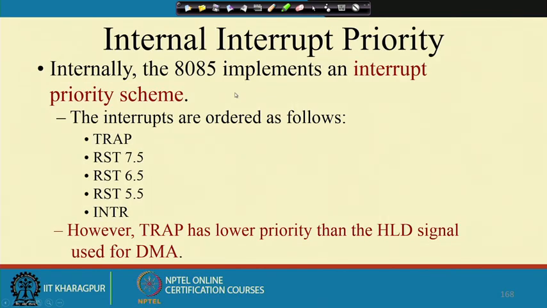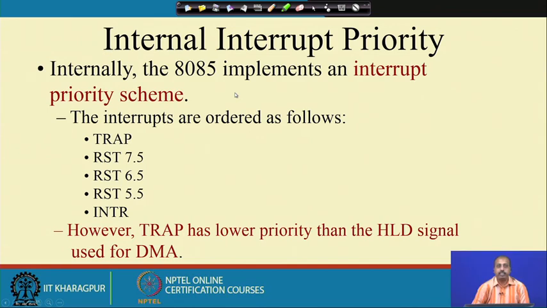If you look at the internal priorities of these interrupts, the trap has the highest priority, followed by RST 7.5, RST 6.5, RST 5.5, and INTR. This is the order. However, trap has lower priority than the hold signal used for DMA.